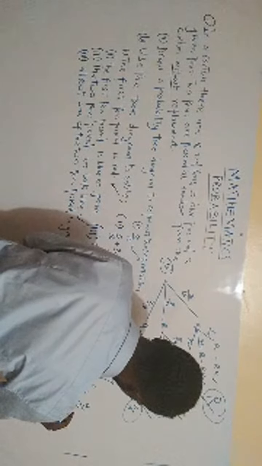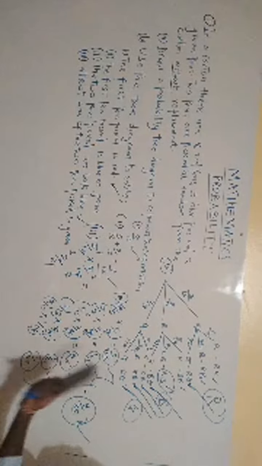The answer you get is 9 out of 35. So the summation of all that, you get 9 out of 35. So that is the probability that at least one of the two pens which were picked was green. So that's the solution for that question.